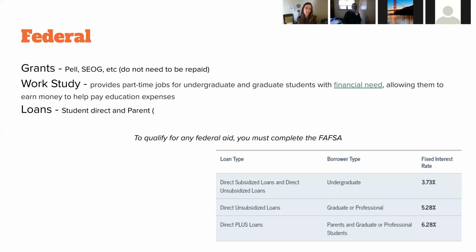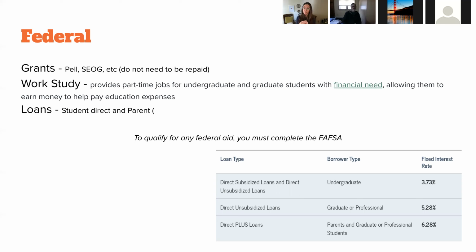So I already mentioned a couple of these. Grants do not need to be paid back. Work study is in the form of wages for the student who's working while in college, and then loans either directly to the student or to the parent. Now, these are the current interest rates on student and parent loans today. Now, these will be different when your son or daughter goes to school. You are locked in, so you get a new batch of loans every year.